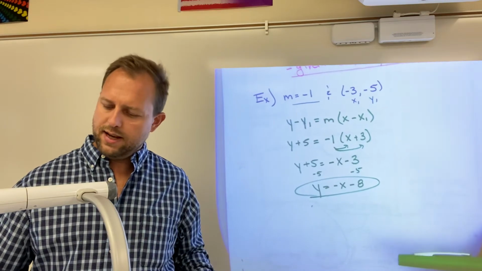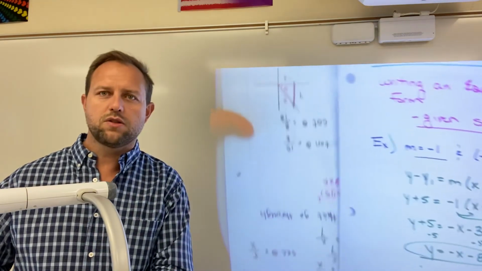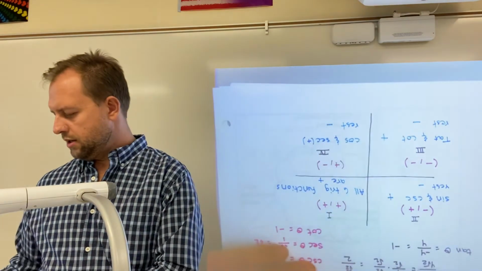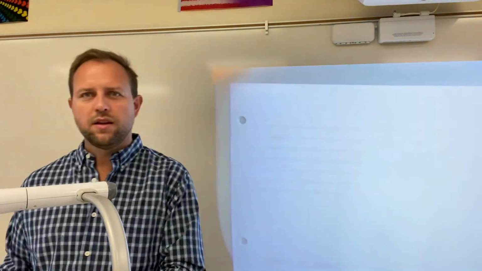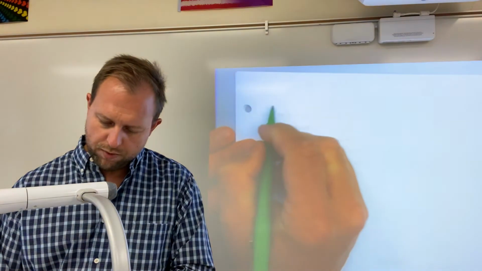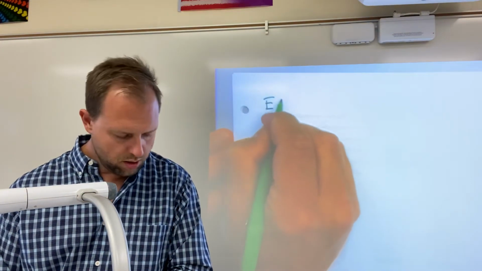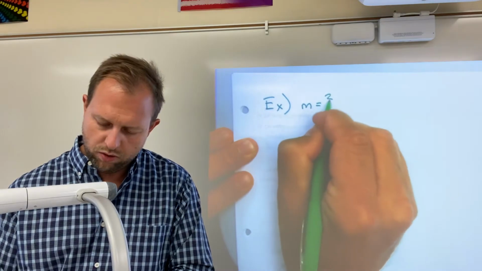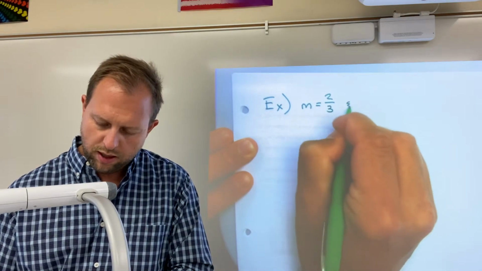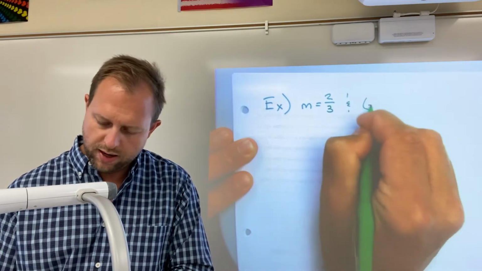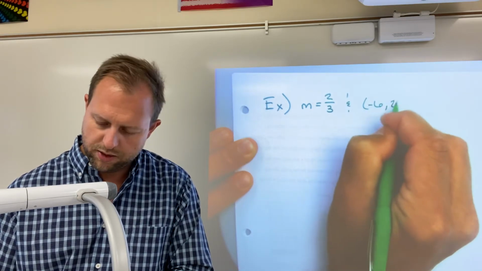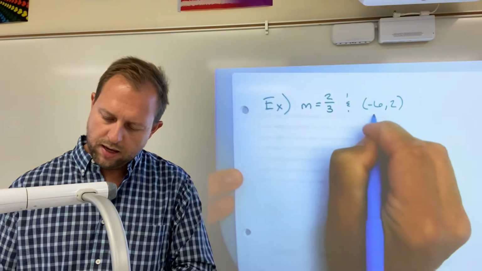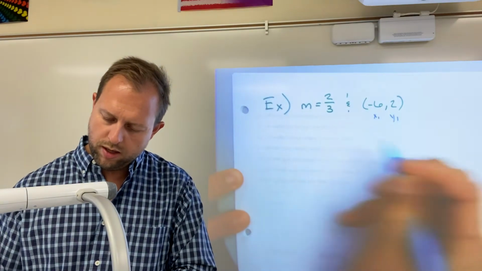Our second example, these can get a little long, so I'm going to switch to a new sheet of paper. Oops. Got some notes buried in here. Example number 2. m is 2/3, and we're given the point (-6, 2). So that's going to be x1, y1.